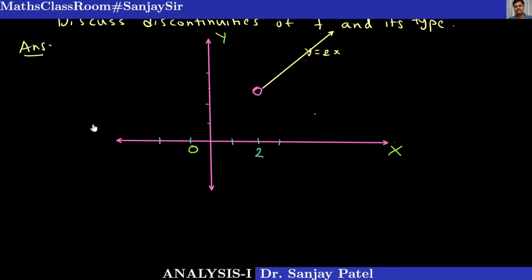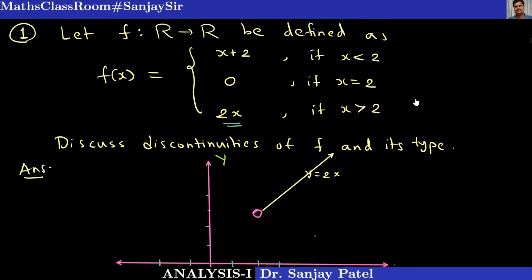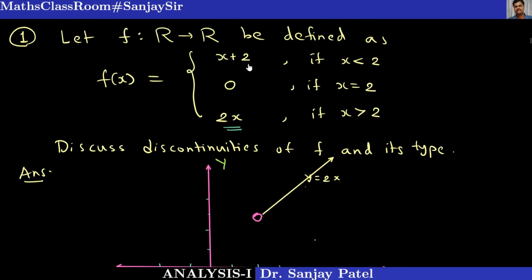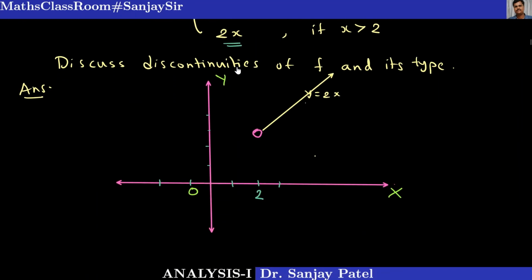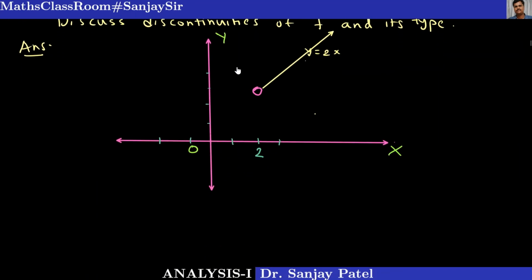The other way, when x is less than 2, the function graph is x plus 2. So you can understand when x equal to 0, f of x equal to 2, and when x equal to minus 2, f of x is 0.